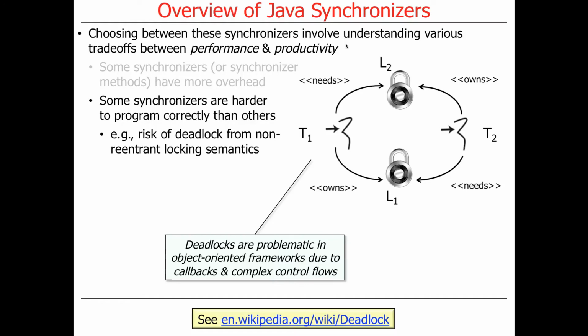By the way, this is a nice picture that illustrates what a deadlock is. A deadlock is a situation where you have 2 or more threads, and let's just focus on 2 threads without loss of generality, and we have 2 locks. Thread 1 owns lock L1, and thread 2 owns lock L2, but thread 1 needs lock L2, and thread 2 needs lock L1.